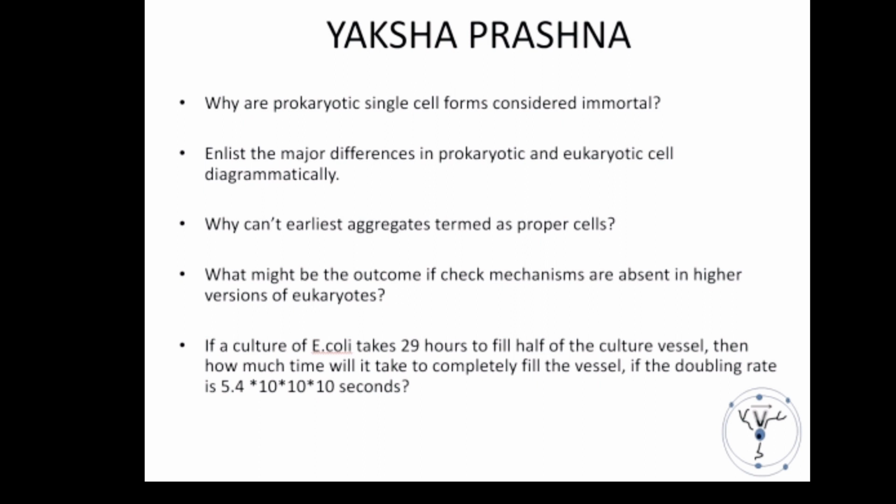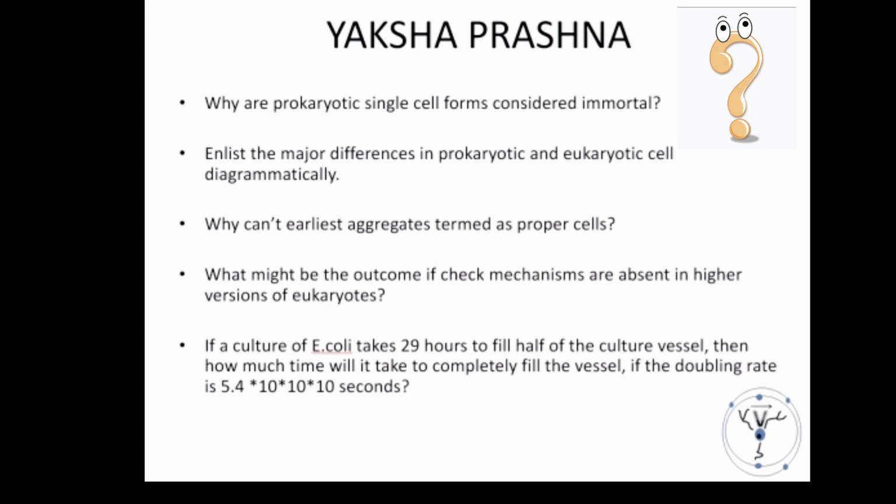So friends, here we arrive at the end of our presentation on the topic of fundamental unit of life part 2, and here we have a few questions that students can solve to get more attached to the topic, to get their concepts clearer and to practice a bit.